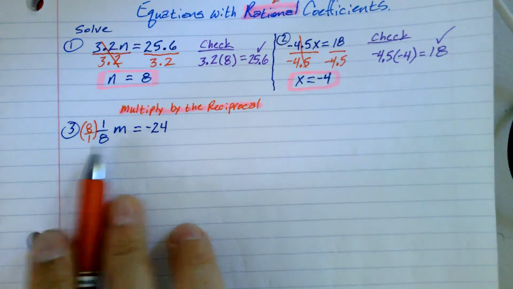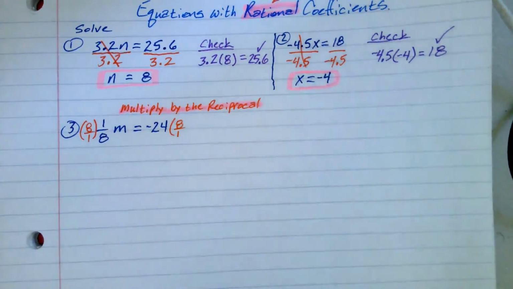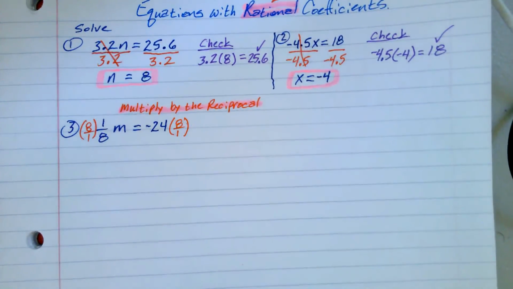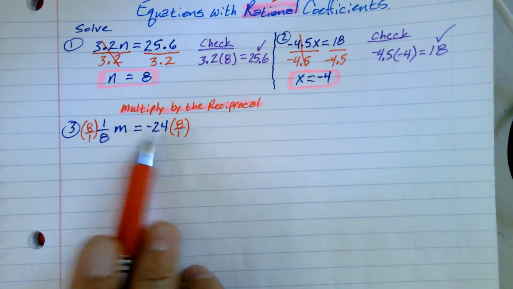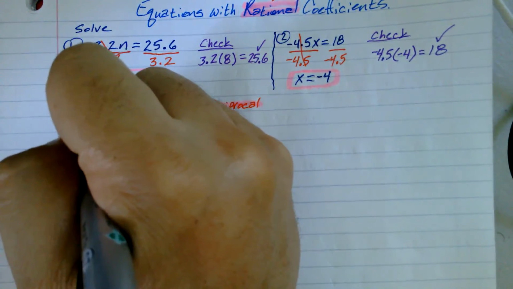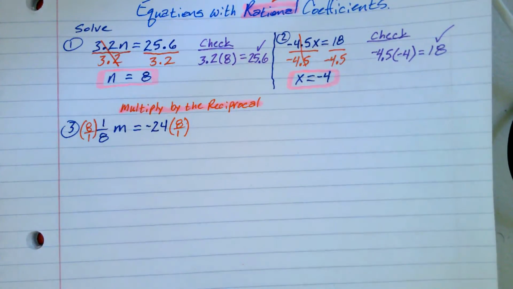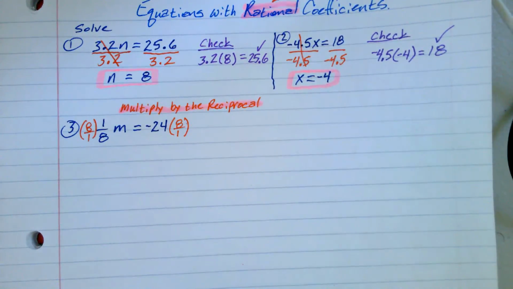But whatever I do on one side, I do to the other. So I've got 1/8 m equals negative 24. I'm multiplying on both sides of my equation by 8 over 1. Here's why. 8 in the numerator, 8 in the denominator. What do they do? They cross cancel.